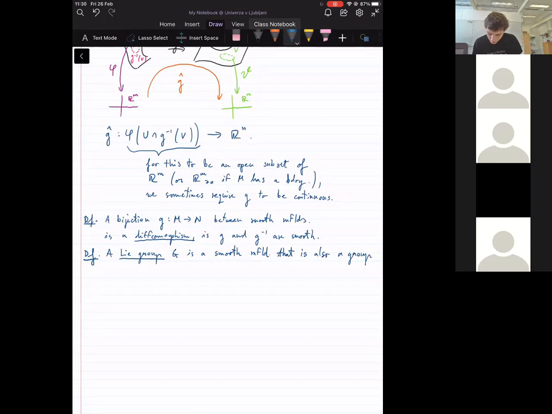How should I write this? A Lie group G is a smooth manifold that is also a group; smooth operations. So I'm going to make a semicolon here.